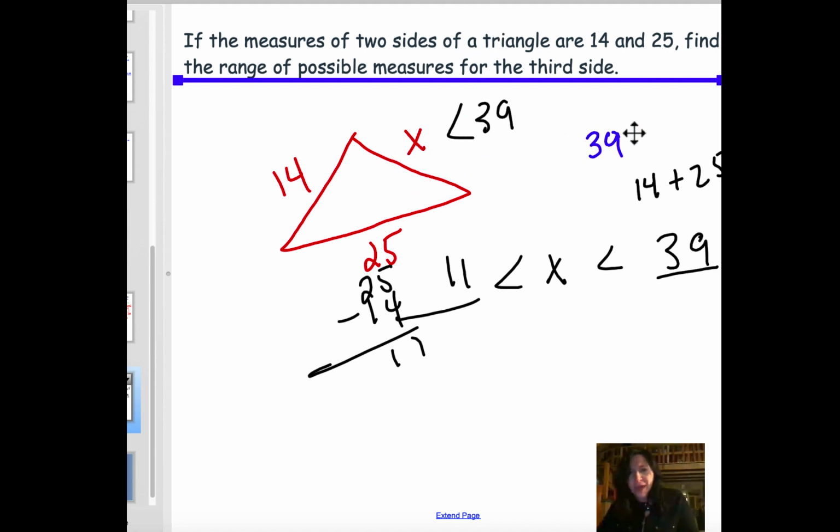So that would be out. So these have to be greater than the third side, and then 14 plus x has to be greater than 25, and 25 plus x has to be greater than 14. So these are the values that are going to work. It's got to be greater than 11, less than 39.